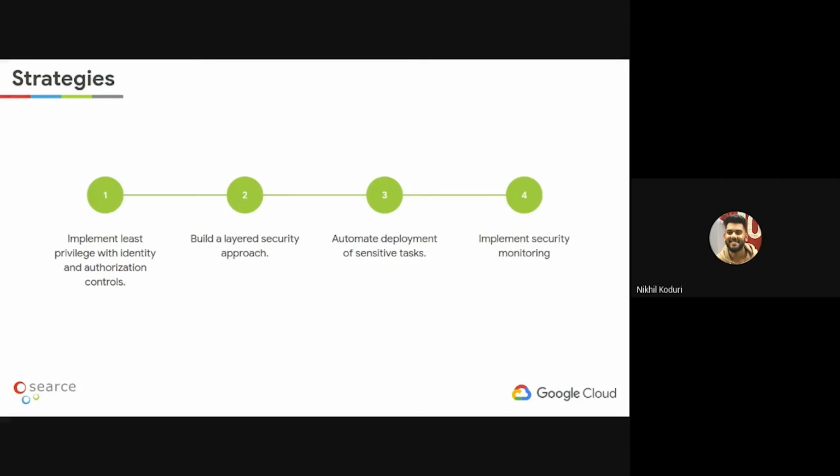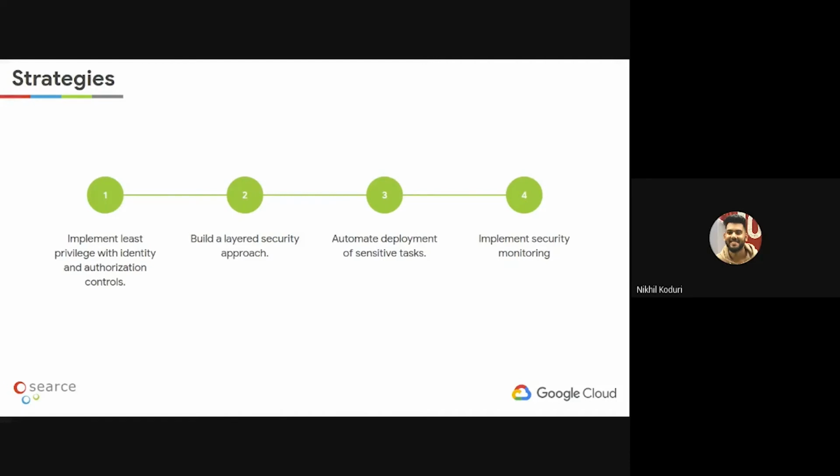Next, you can configure them using different IAM tools like custom roles, and having special service accounts created for application access, and so on and so forth, and make it a mandate across your organization to use these authorization methods. Next, we have to build a layered security approach, build security at each level, not only at your application level, but also at your infrastructure level, right?